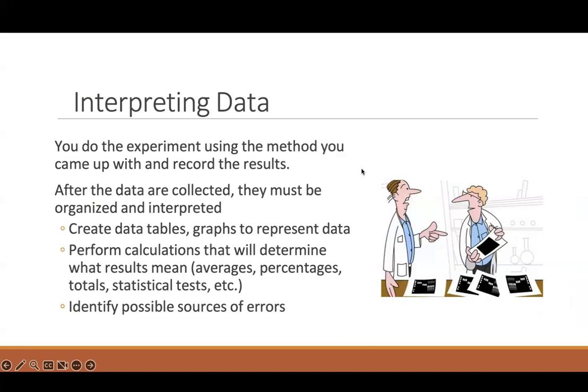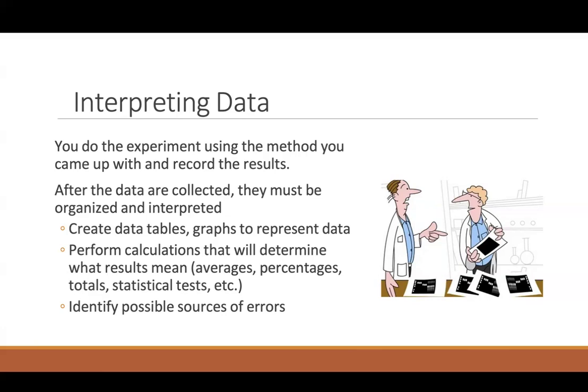So once we have completed and designed our experiment, we've run our experiment, we've collected the data that we need. Next, you need to interpret it. So after you gather your experimental data, we might create data tables or graphs to represent the data because as human beings, we are visual creatures. And seeing trends and patterns in data is much more easily done visually for us than just having a big table of numbers.